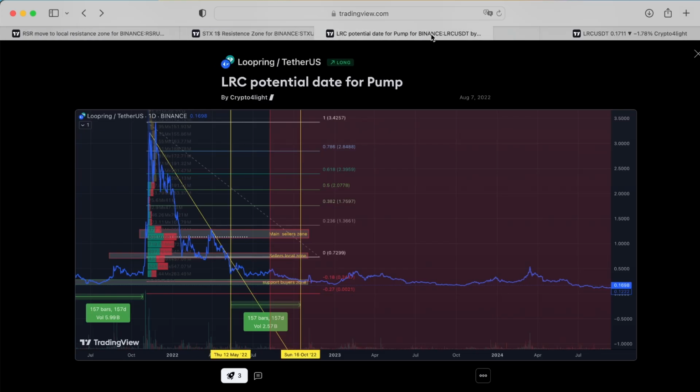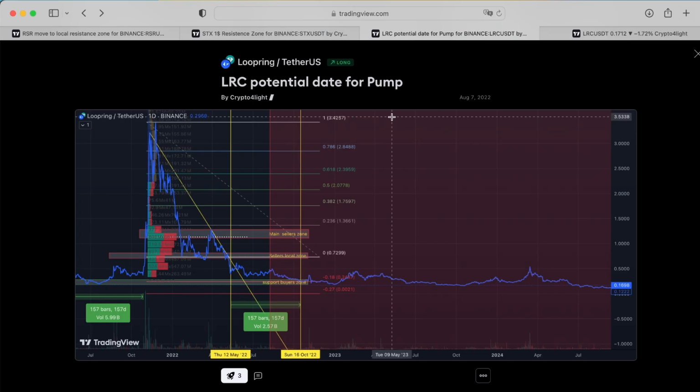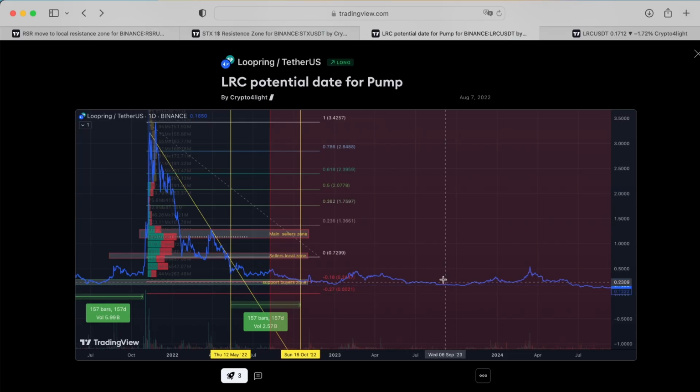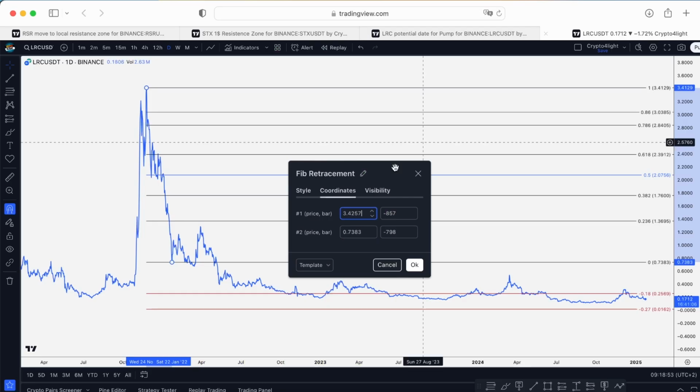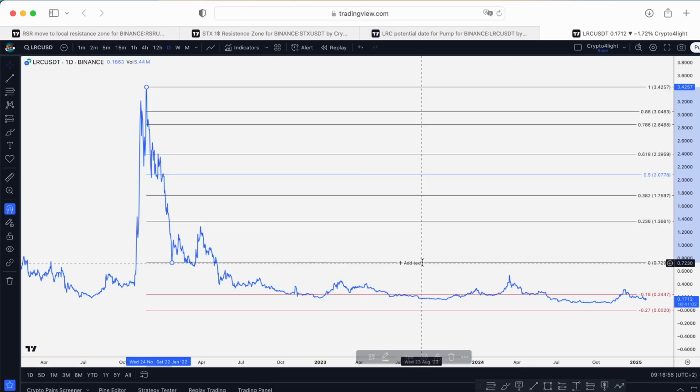If you didn't know, in settings you can adjust it by coordinates. $3.42.57, sorry, 57, and the support was 72 cents 99. 72.99. Got it. So this is a fib.